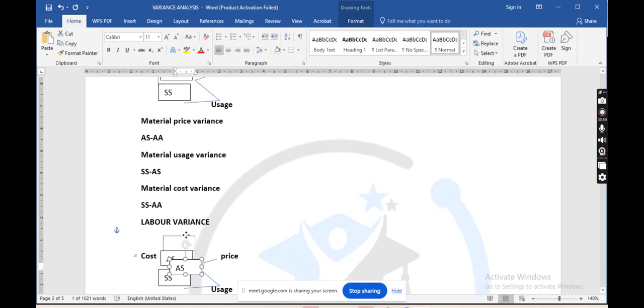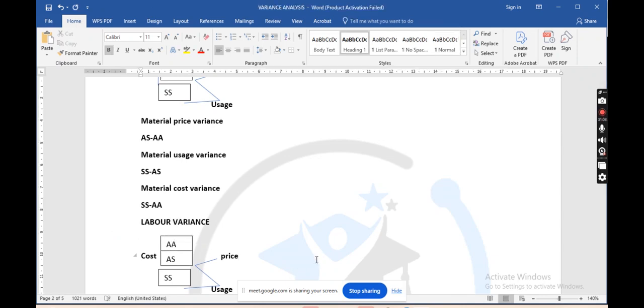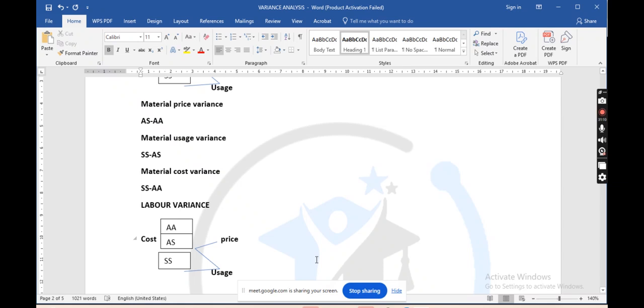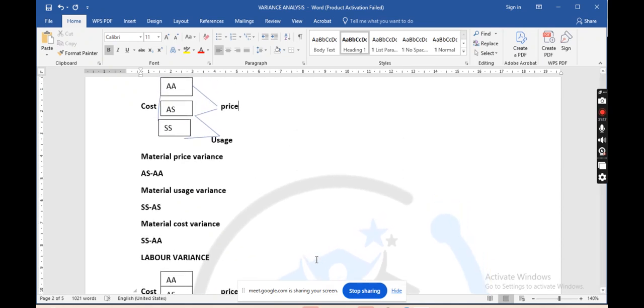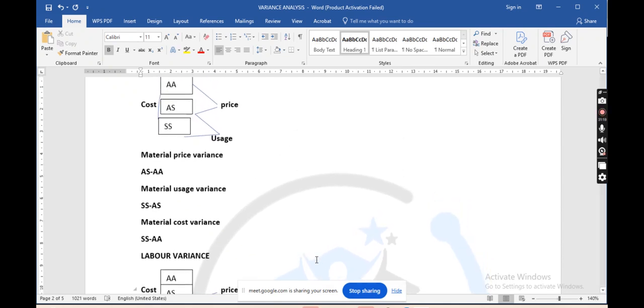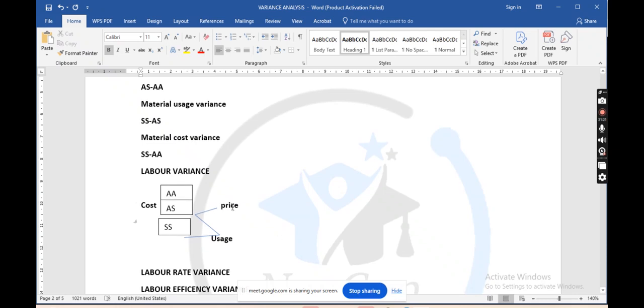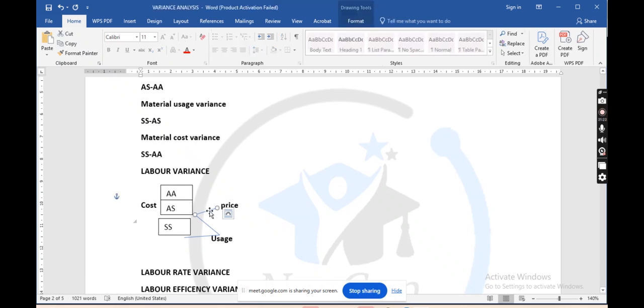Class, just follow, right? I just want you to understand something here. You don't need to cram the formula. You are comparing your actual with your standard, right? So labor is divided into two or three.